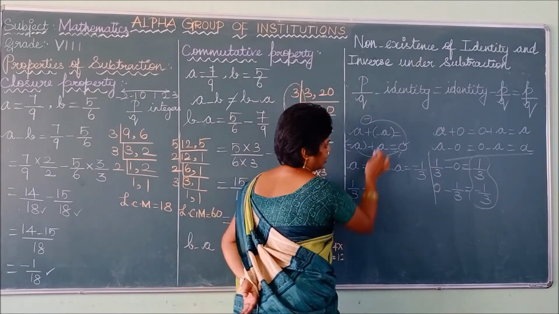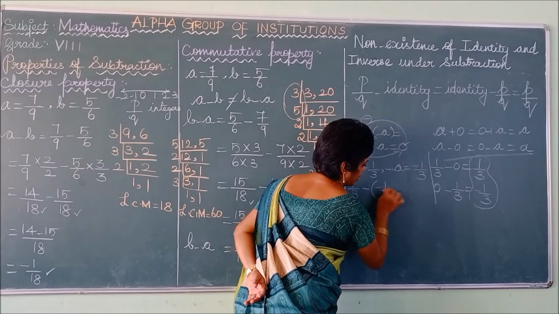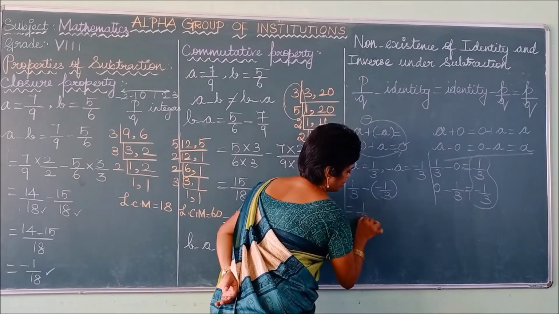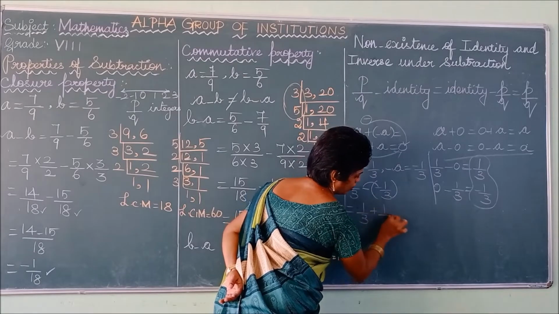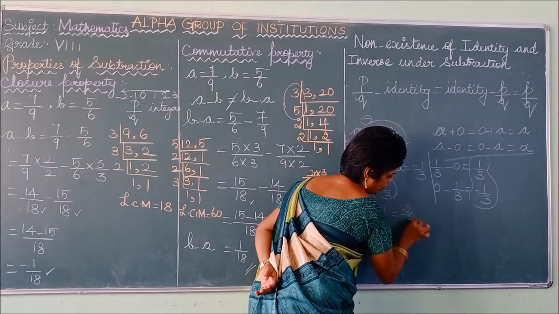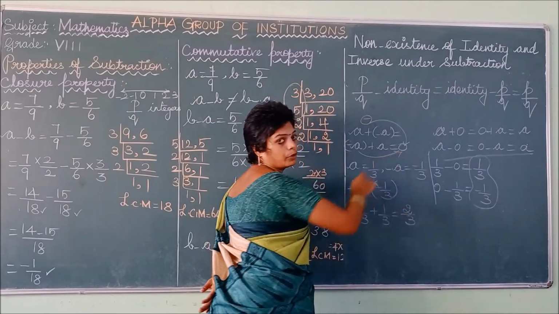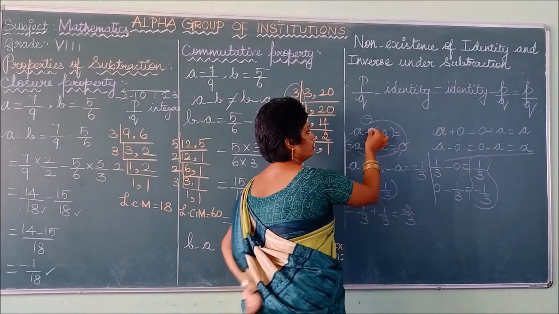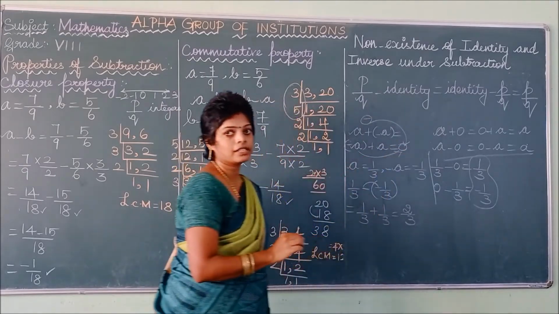1 by 3 minus a is what here? Minus 1 by 3. So 1 by 3 minus into minus becomes plus 1 by 3. Both the denominators are the same, so you can add the numerators: 2 by 3. Is this the result produced here? No. The result you have to get is 0. If you change the sign, you have to get the result as 0.